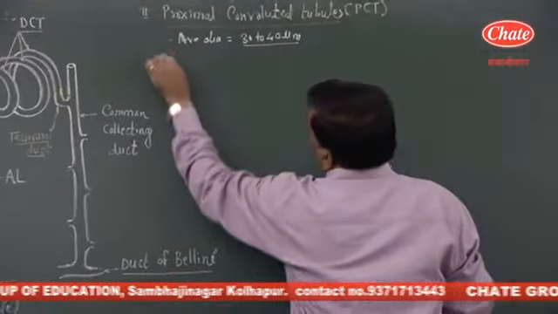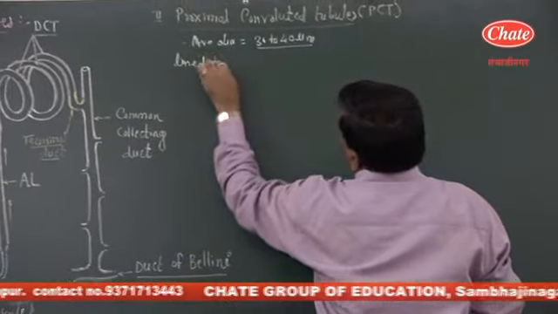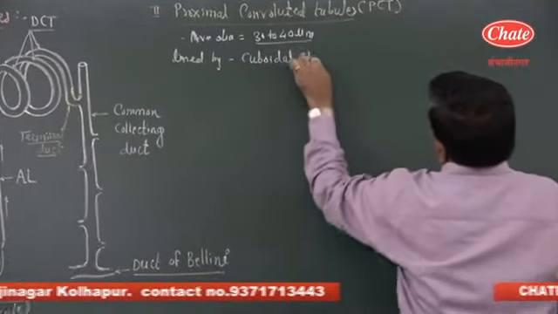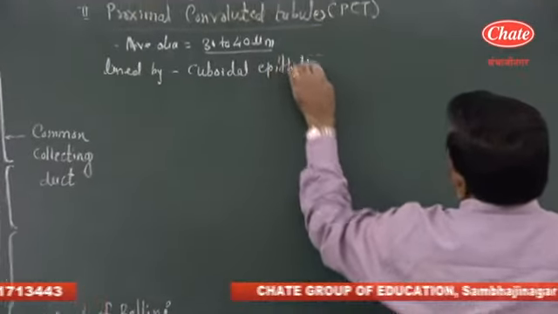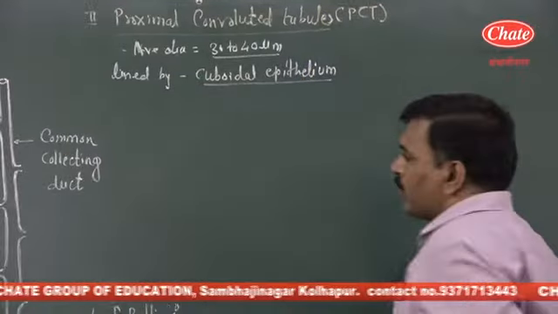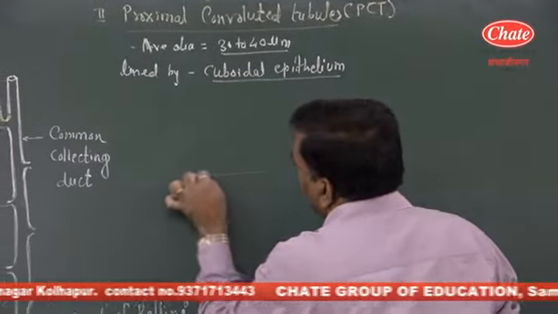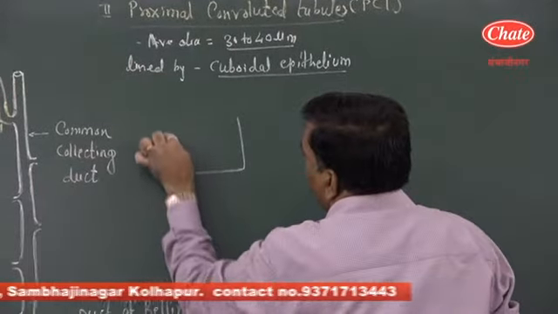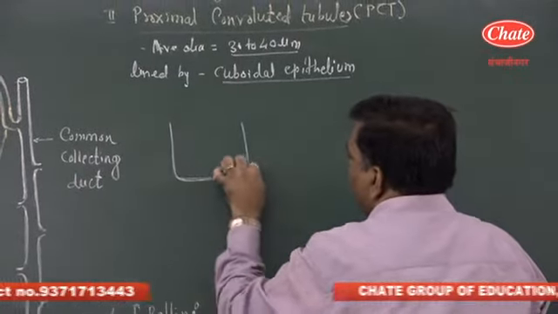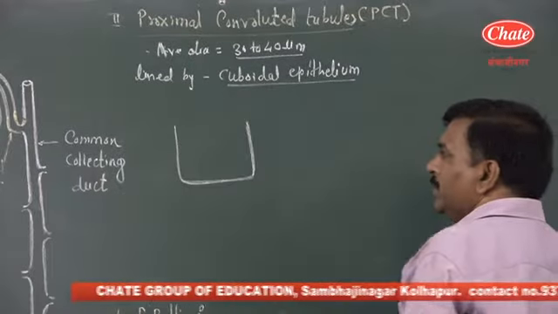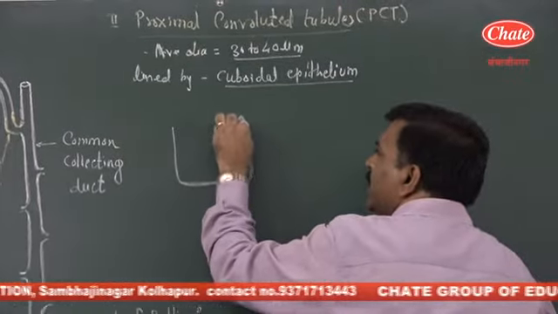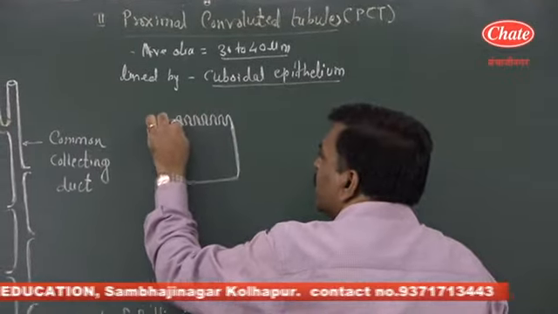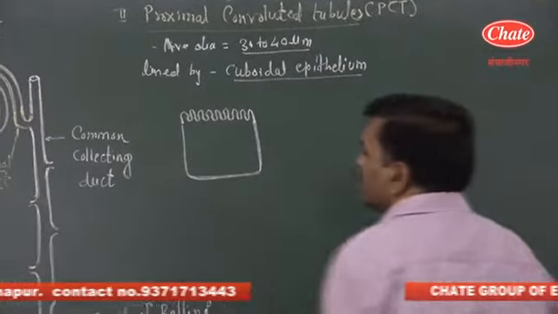Proximal convoluted tubules are lined by cuboidal epithelium, but this cuboidal epithelium has a peculiarity: at the proximal free end it has finger-like projections. Remember this point.